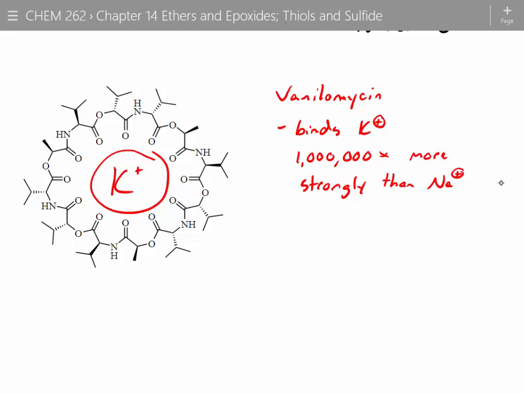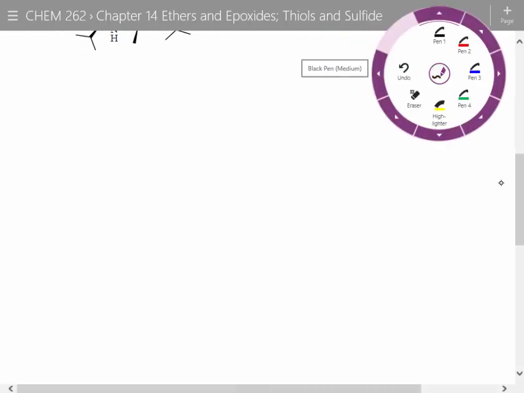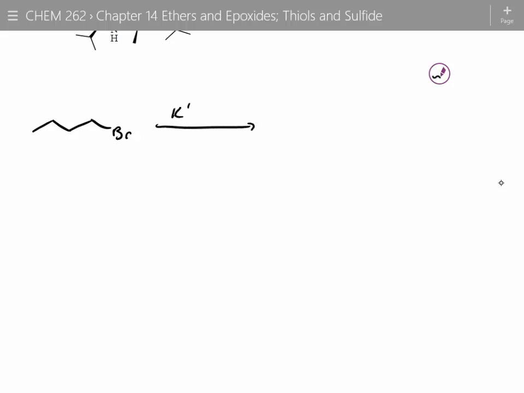I really like host-guest chemistry, and one reason that I think it's kind of cool and relevant is if we think about this reaction where we try to displace a bromine, and we run this reaction in benzene, we actually get no reaction.